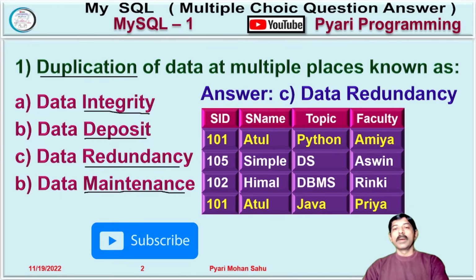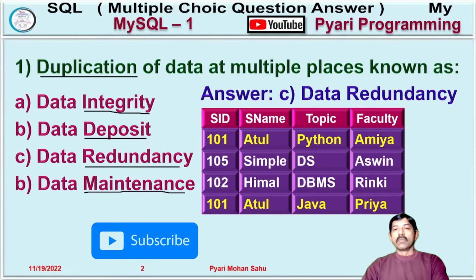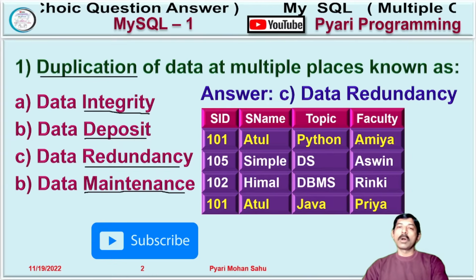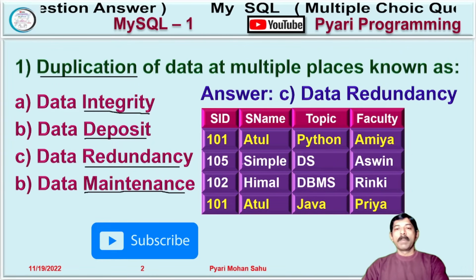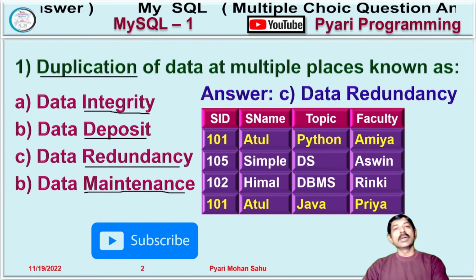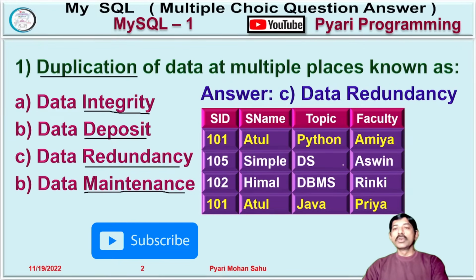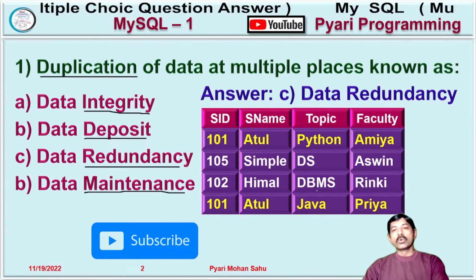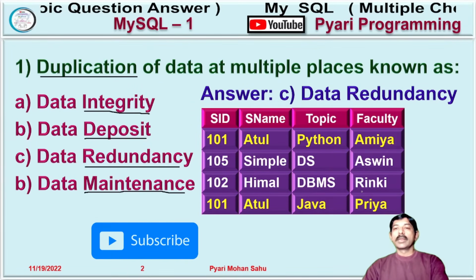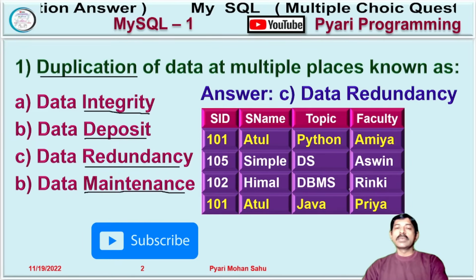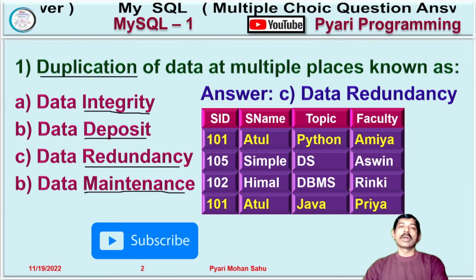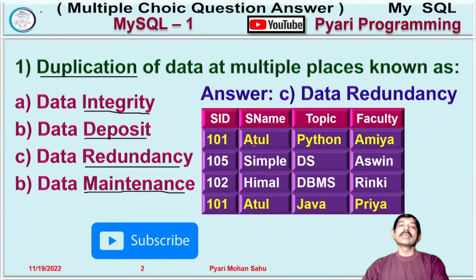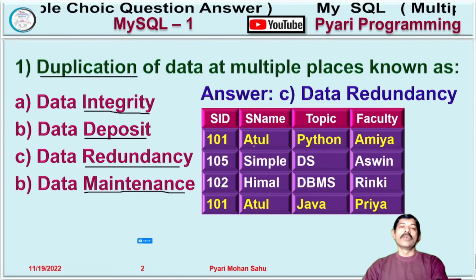Now data is available in multiple places, but the reason is that he has chosen a different topic taught by a different faculty member. For simplicity, he has chosen data structure which is taught by Aswin, and Himal, the student name is Himal, chose the topic DBMS and that faculty is Rinki. Now these records are not duplicates, so it is not data redundancy, but for student Atul the data is duplicate, that's why it is called data redundancy.